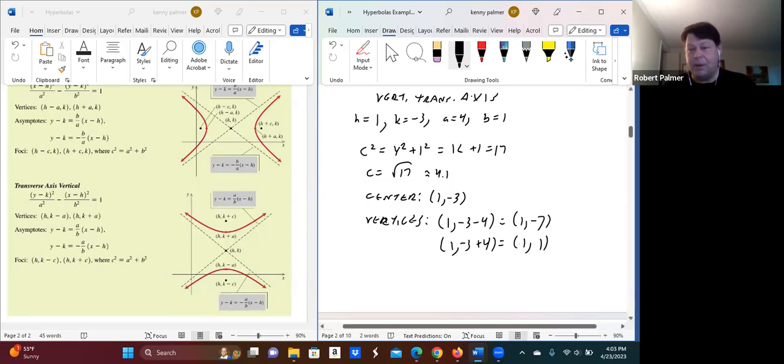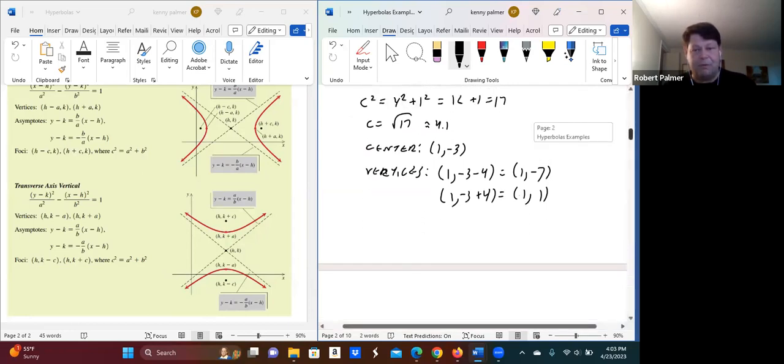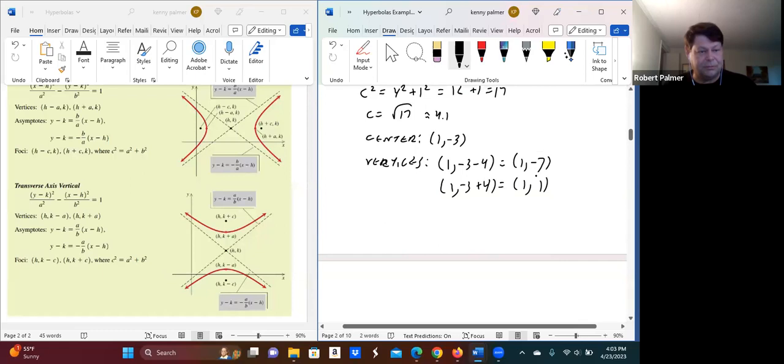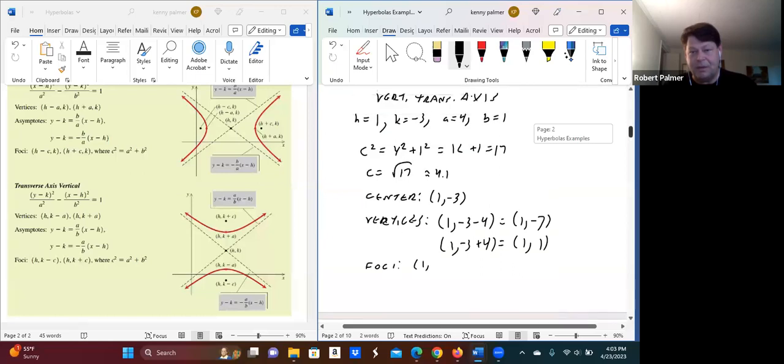Okay, all right. Let's go into our foci next. All right, so foci, so 1 is going to be h, which is 1. And k minus c, that's going to be negative 3 minus the square root of 17.